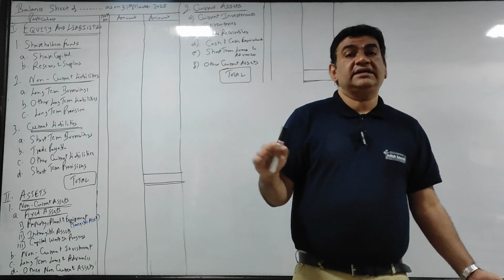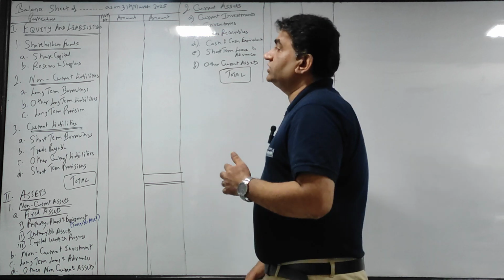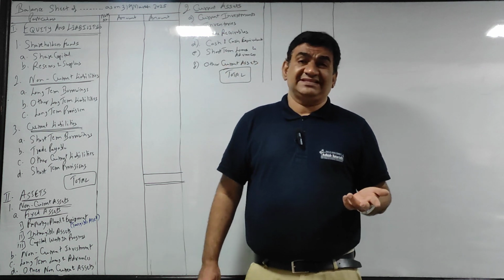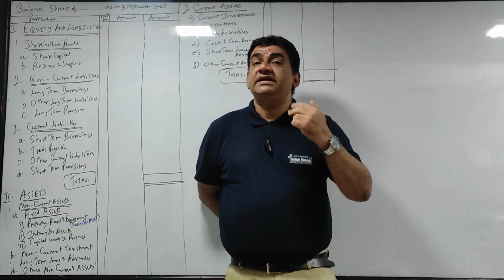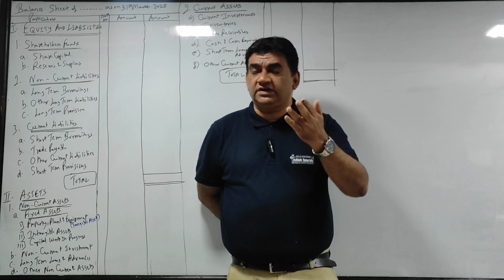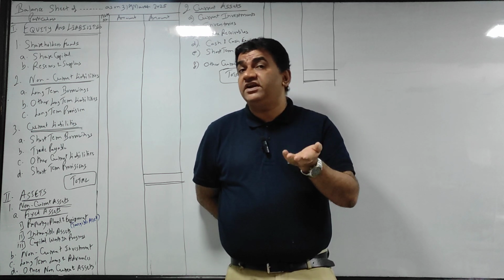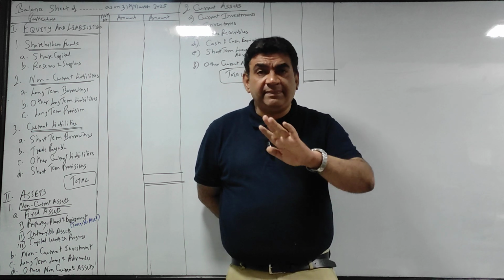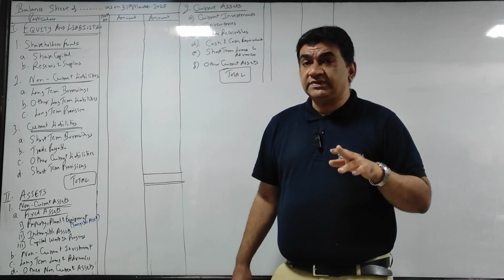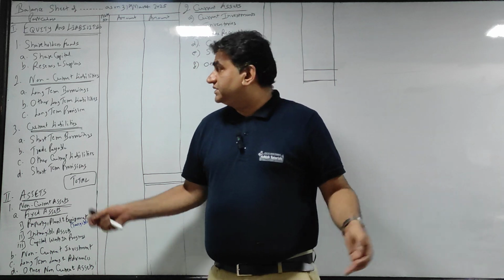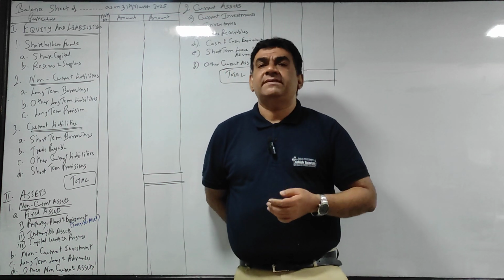Capital reserve, CRR, you all have done redemption of preference shares, buyback of shares. We create CRR, that is created for a specific purpose. Here the purpose is not important. Whether a reserve is for a specific purpose or for a general purpose, everything will come under the head reserves and surpluses. I'll give you examples.